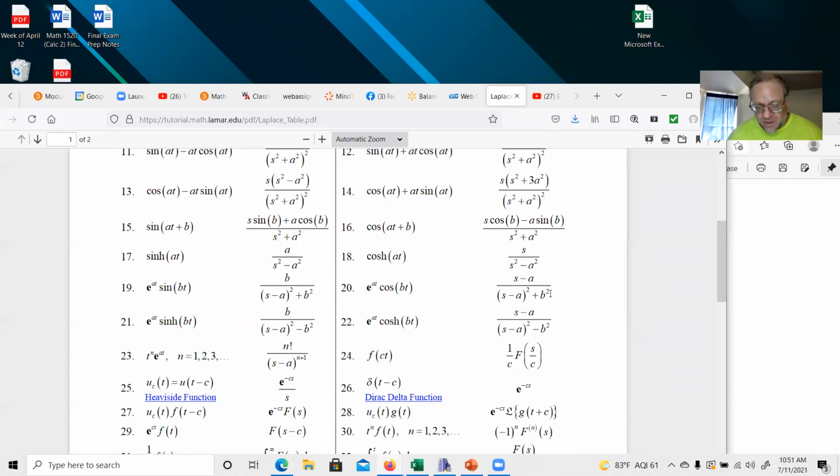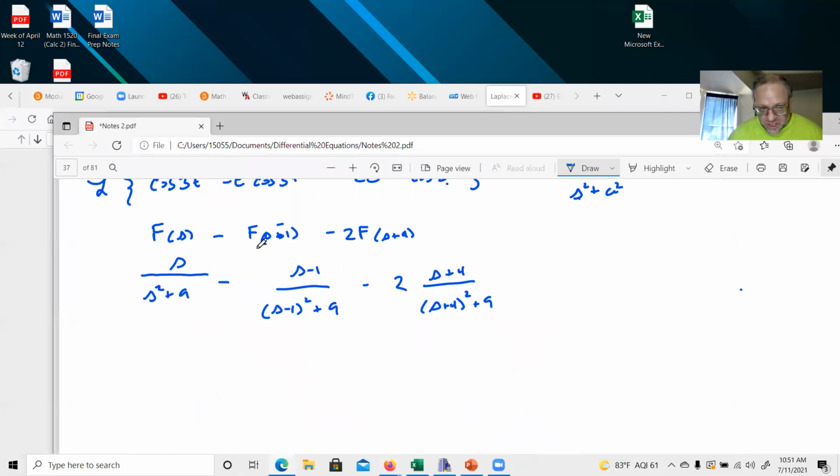I'll be an obnoxious math teacher and say the check is left to the reader. But I think it's pretty easy to see that if we applied this table entry to this Laplace transform here, you would get exactly the same thing. So that's what they're calling attention to.